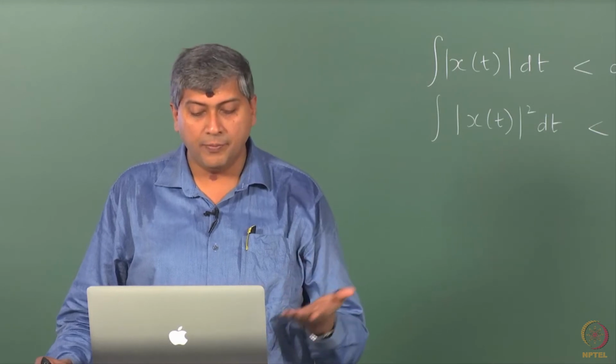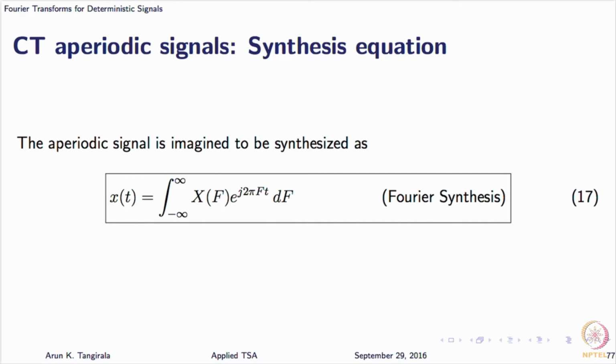So, here as well, instead of including all the frequencies in this integral that you see in the synthesis equation, I can focus on a band of frequencies, and as I include more and more frequencies, the error in the approximation starts to decrease.